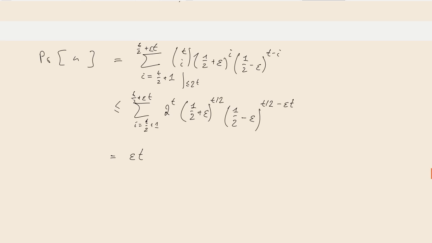And then we have, so this can be written as 4 to the t half if we like. Then we have a part with the same exponent from each. We just combine these. 4 times 1/2 plus epsilon, 1/2 minus epsilon to the t half. And then we only have these left.